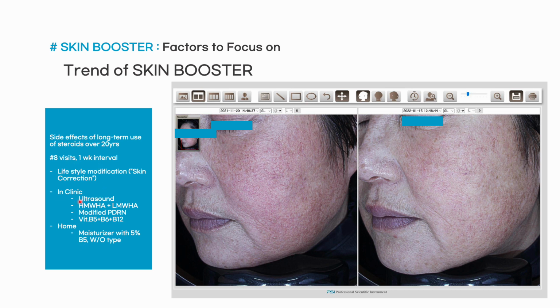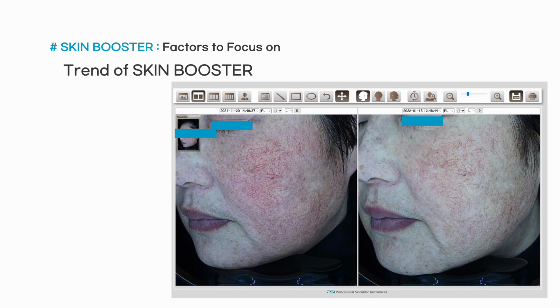I used ultrasound, high molecular weight hyaluronic acid, low molecular weight hyaluronic acid, modified PDRN, B5, B6, B12. I suggest using a moisturizer with dexpanthenol B5, 5%. Telangiectasia decreased.